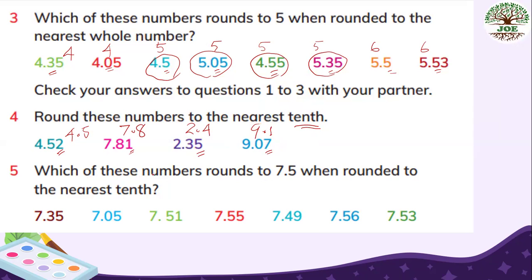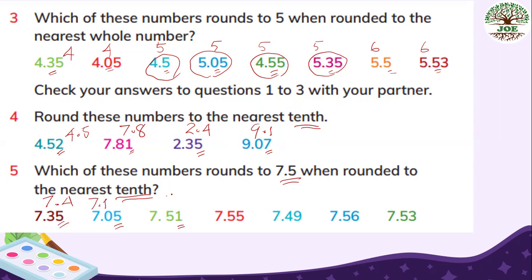Number 5. Which of these numbers rounds to 7.5 when rounded to the nearest 10? Again, we have to look at the hundredth digit. This is 5, so round up to 7.4. This is 5, so we round up to 7.1.